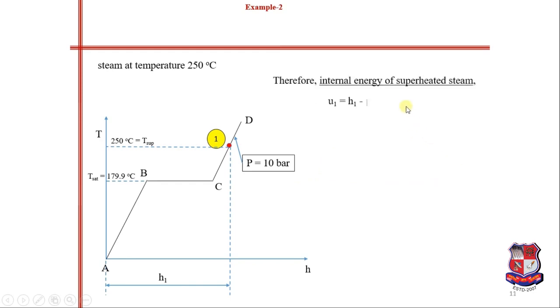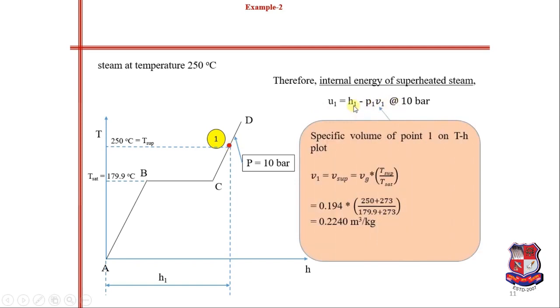Now internal energy of superheated steam, U is equal to H minus PV, therefore U1 is equal to H1 minus P1 V1. Okay, here I am mentioning P1 because here we are given two pressures. So first we are finding the internal energy of initial state, that is point number 1, that is H1 minus P1 V1.